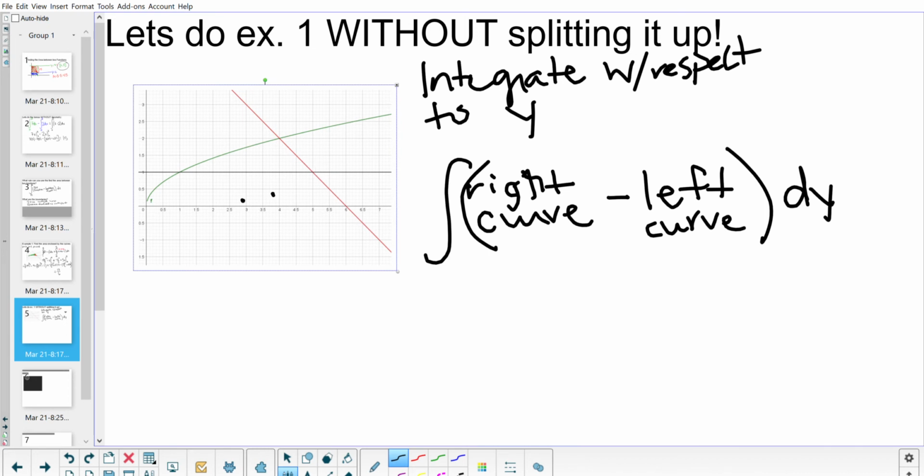Now it's going to be bottom y value to high y value. So low y value to high y value.